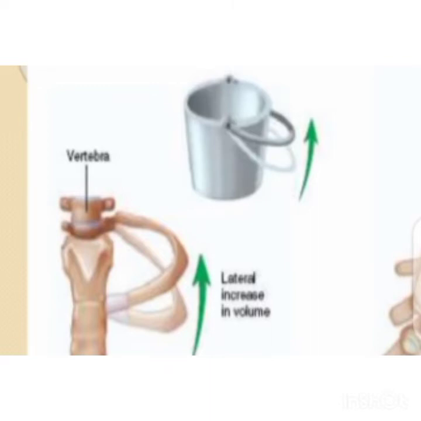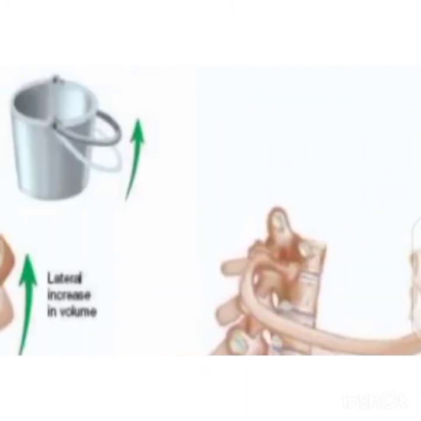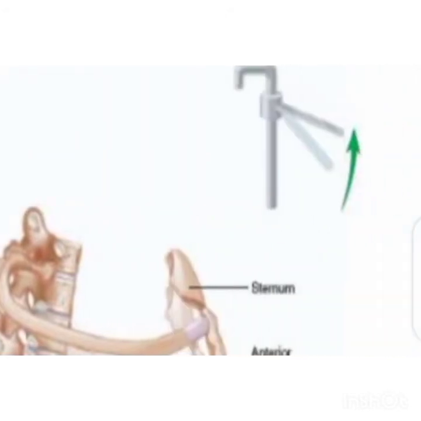The lateral increase in volume, and then you have the body of the sternum here, while on the vertebral column, the rib holding the sternum in position, just anterior increase in volume. You still have the sternum there.